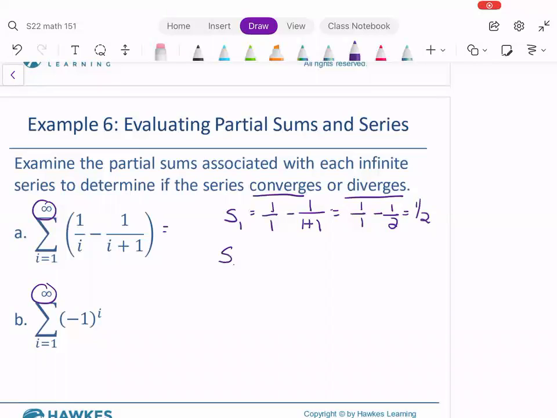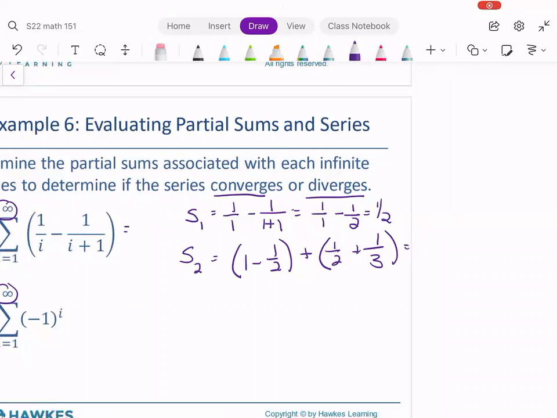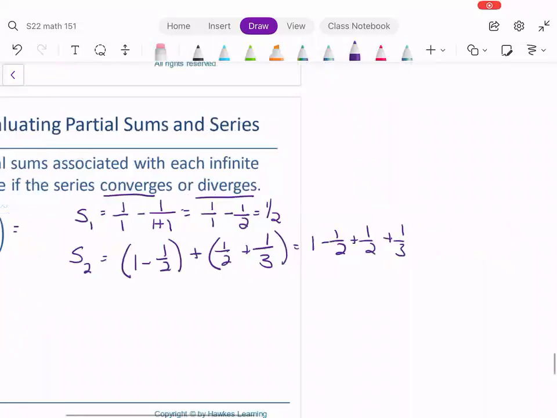If we calculate S sub 2, notice we're going to have 1 minus 1/2 still, plus the second term in the sequence, which is 1/2 minus 1 over 3. If we combine those, we get 1 minus 1/2 plus 1/2 minus 1/3. And we can think of that as 1 minus 1 over 2 plus 1.